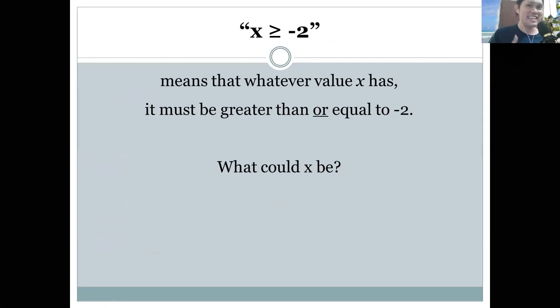That means whatever value x has, it must be greater than or equal to -2. Therefore, -2 is included. Are you following? Again, -2 is included, so our value is -2 and up.